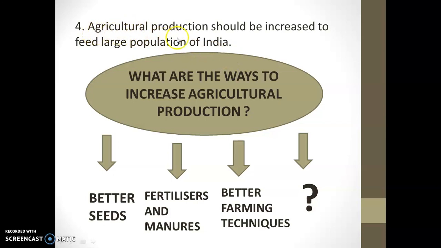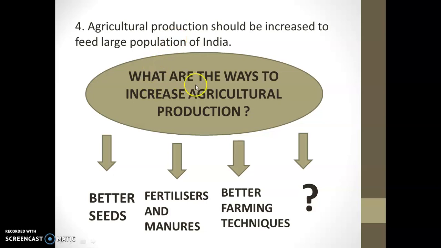Next, agricultural production should be increased to feed the large population of India. As we know, the population is rising, so to feed that population, we need to improve our agricultural production.